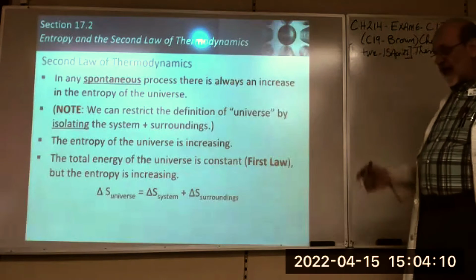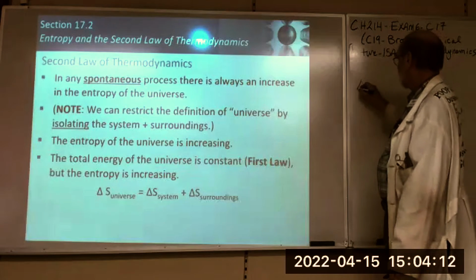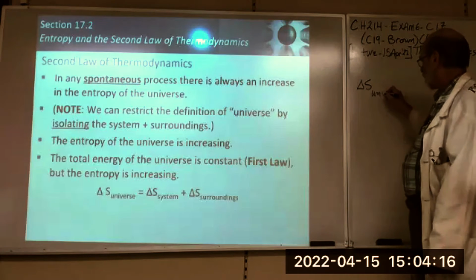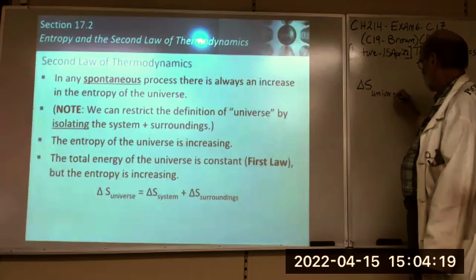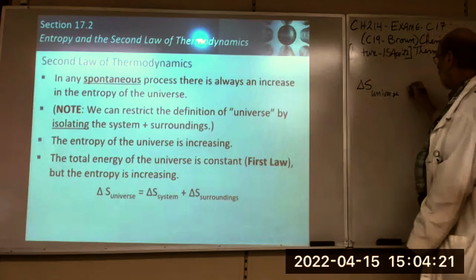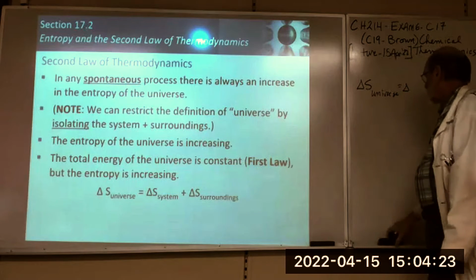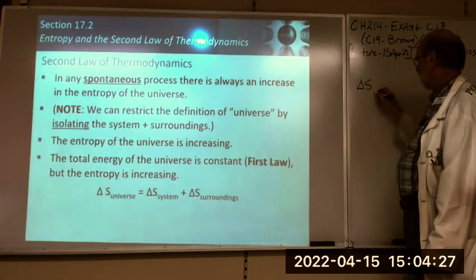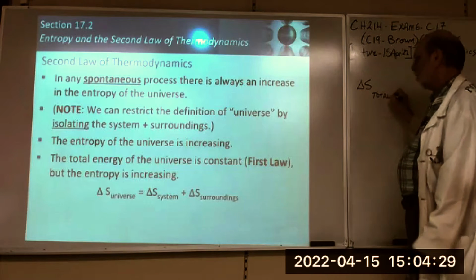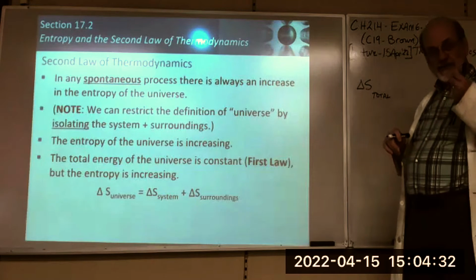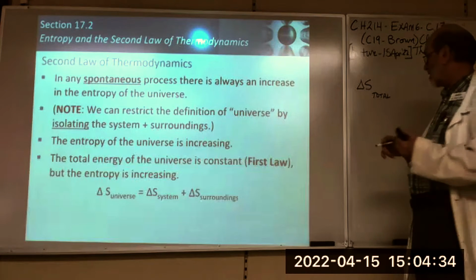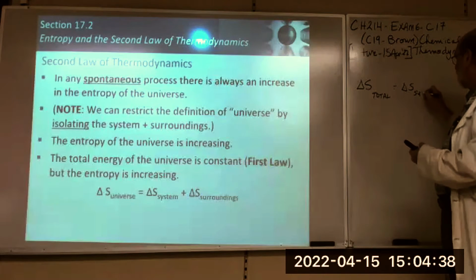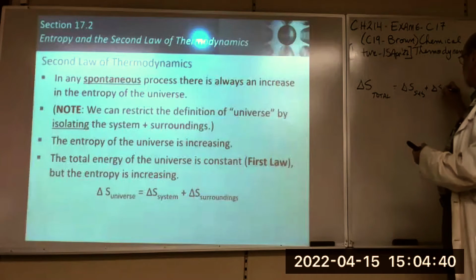And here's another way of putting that. If we say delta S for the whole universe, or rather than that, we can say the total entropy for our system and surroundings isolated is then equal to the entropy of the system plus the entropy of the surroundings.